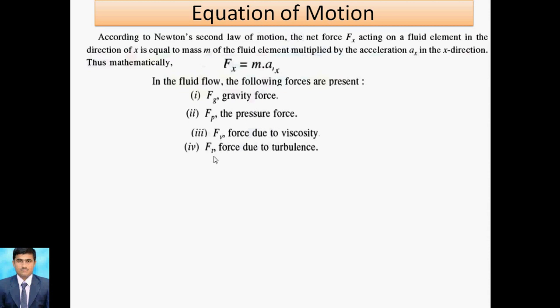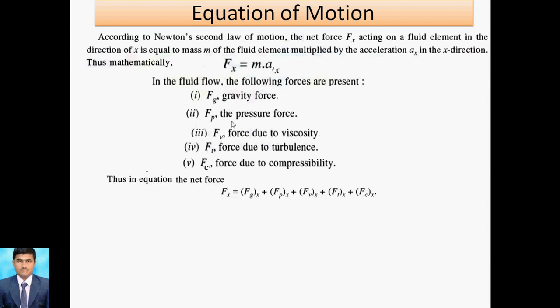Next is Ft, the force due to turbulence, which acts in fluid flow. Next is Fc, the force due to compressibility, which is also included in the equation of motion. So this is the net force. I consider the equation for Fx, which is composed of a number of forces: Fgx, Fpx, Fvx, Ftx, and Fcx.